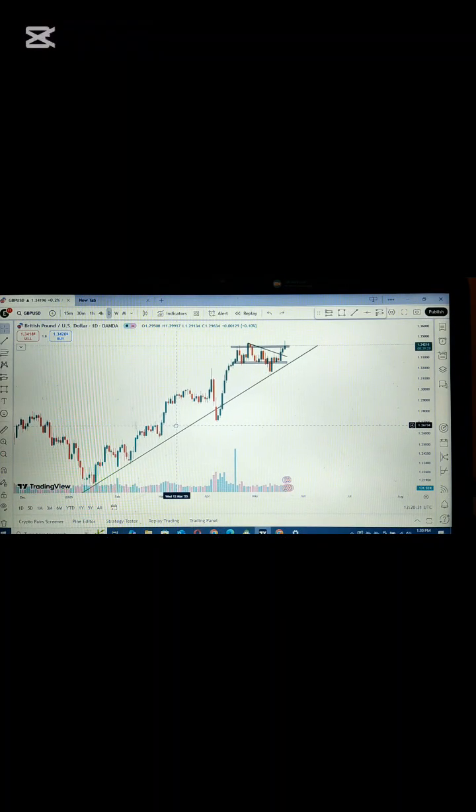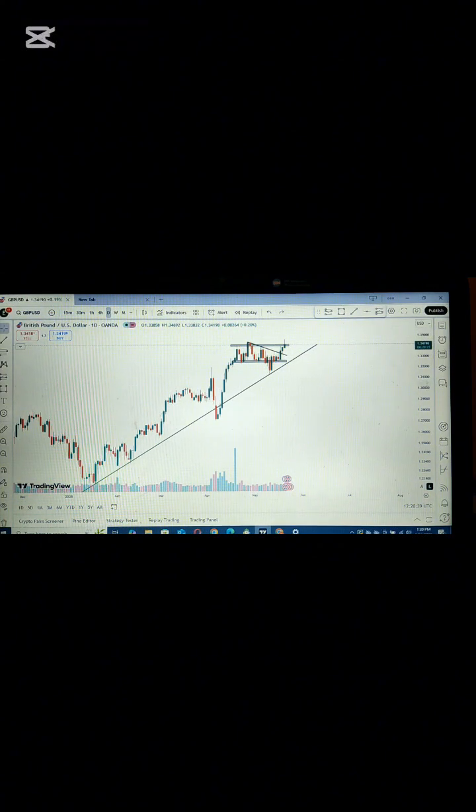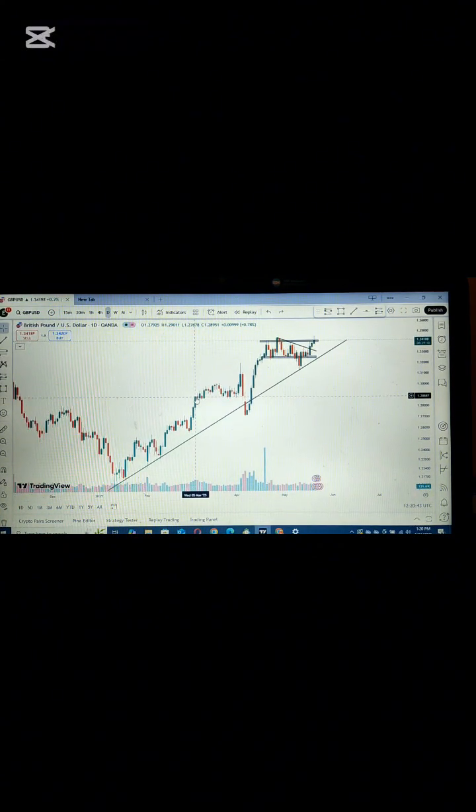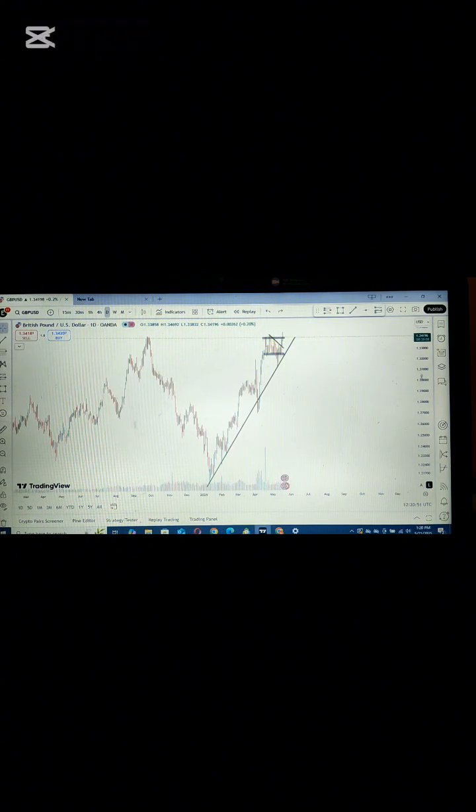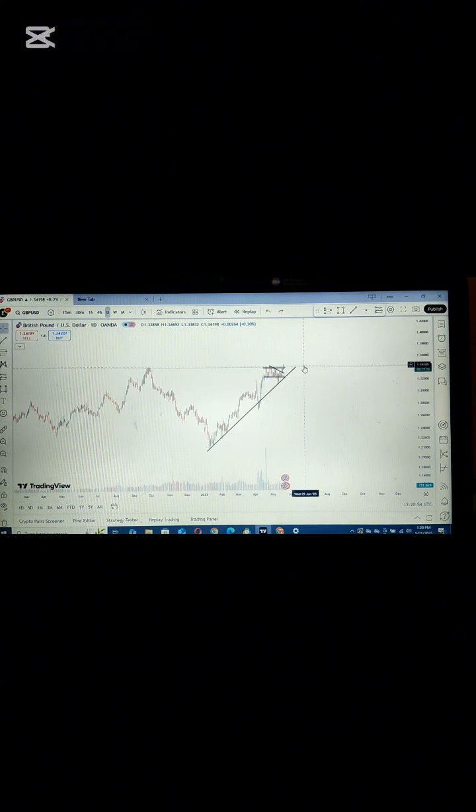So the first thing I do when I start trading is to do my top-down analysis. Now, how do I do my top-down analysis? I first go to the daily. This is the daily chart. I draw out the zones that I can see. This is my trend line that I've already drawn out.